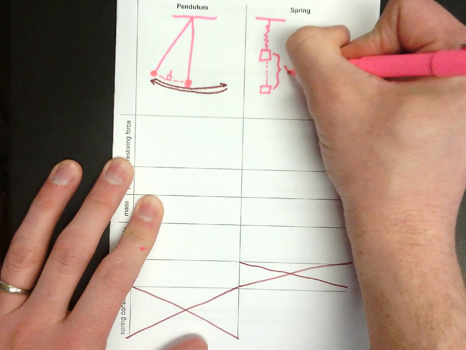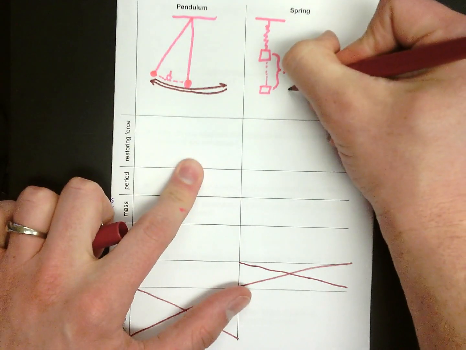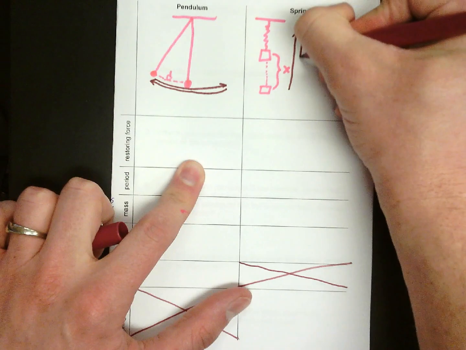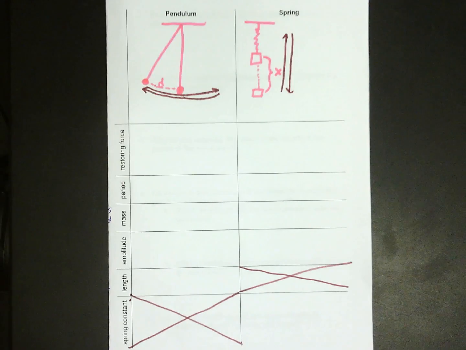We call this X so we don't get them confused. Then the spring bounces up and then bounces back down again, and just like the pendulum, it continues that pattern. Okay, so that's what springs and pendulums are.